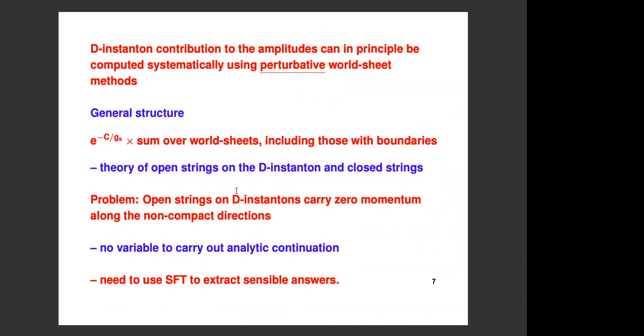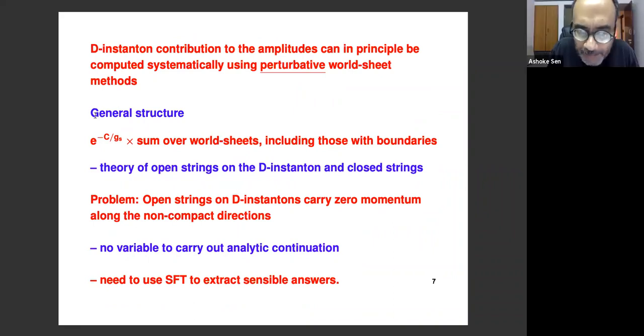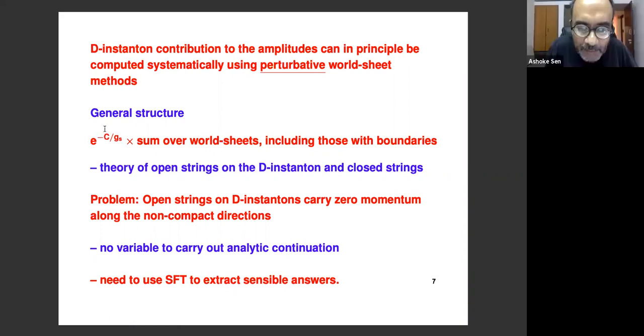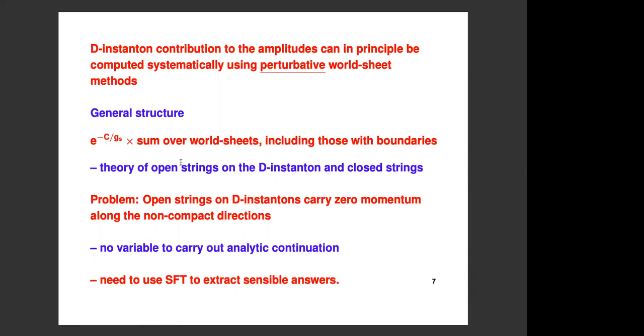We can compute it, because what you can compute is the change under a small change in g_s, which is like the disk one-point function, which you can certainly compute, and then you integrate this all the way from g_s equal to 0 to the g_s that you want. So this is certainly not put in by hand. You can compute it from the disk one-point function.